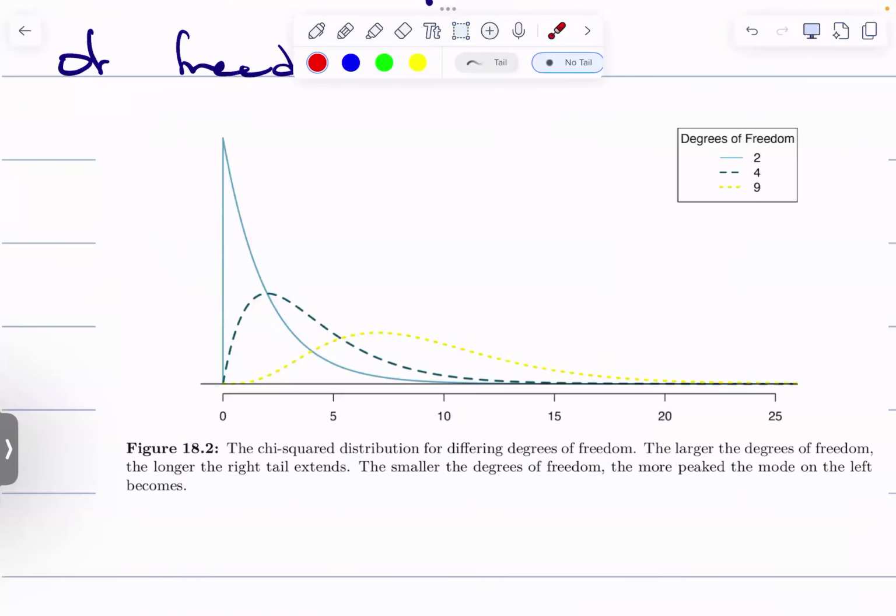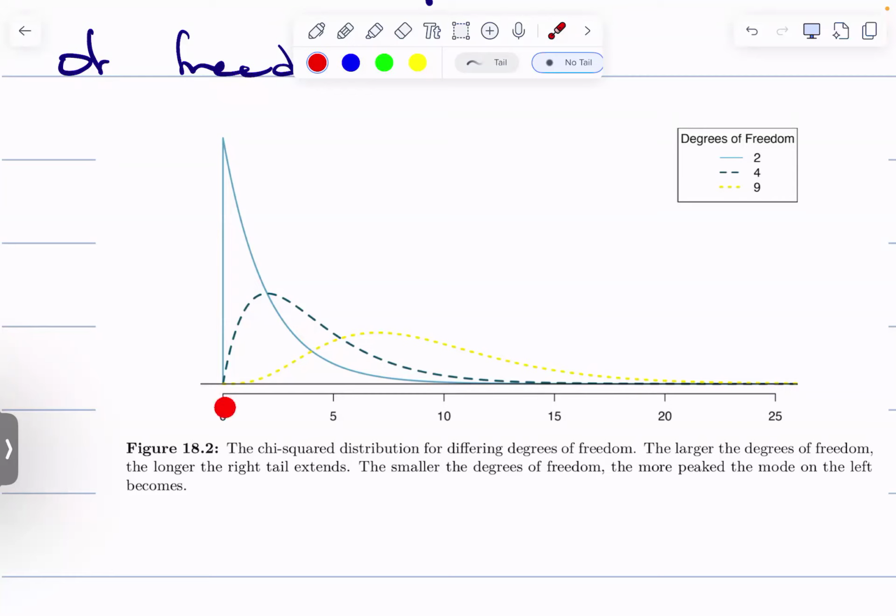So without knowing what the degrees of freedom are, although if you do some sleuthing on your formula sheet, it's on there. But if you have 2 degrees of freedom, then the shape looks like this. Nice and compact here, and then it slopes down almost immediately.